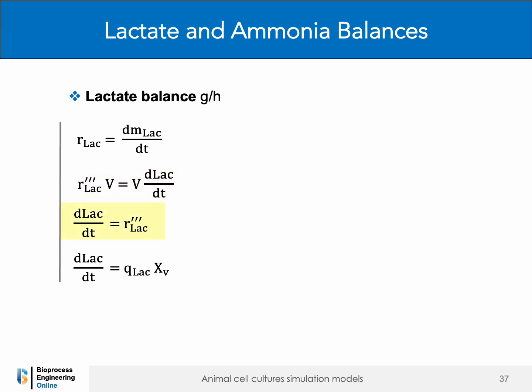Simplifying by the volume V leads to the differential equation describing the time variation of the lactate concentration, d-lac over dt equals R-lac third. Or in terms of the specific lactate production rate, d-lac over dt equals q-lac xv.